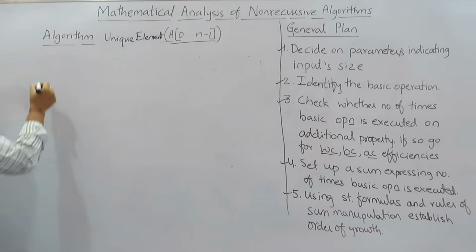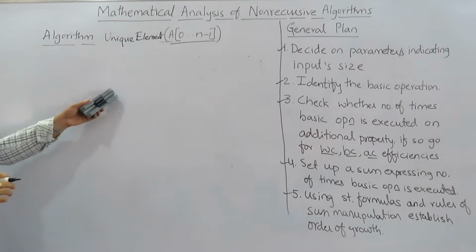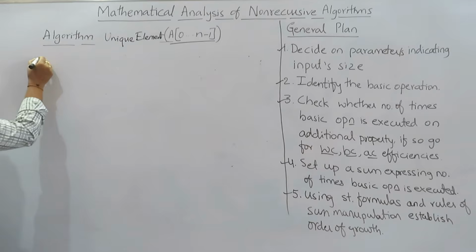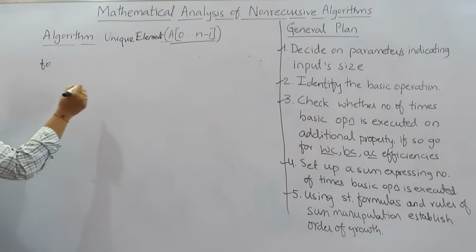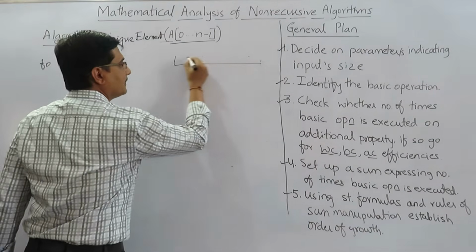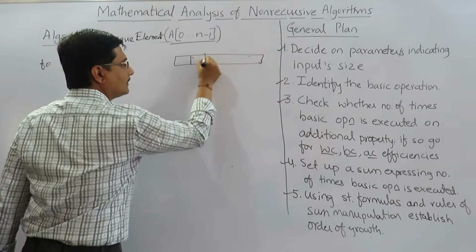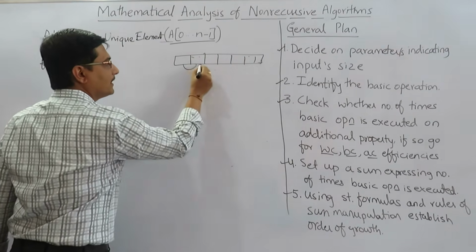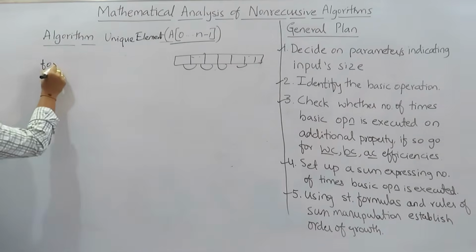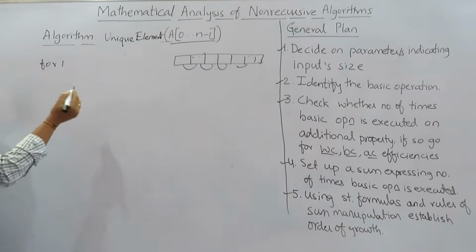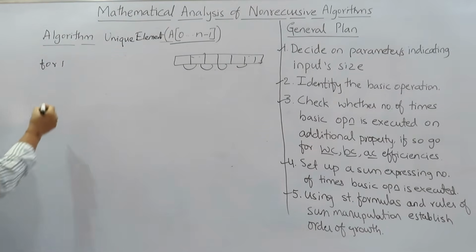Assume this. Say if this is an array, when we want to say all the elements are distinct, we need to compare each and every element. So we need to have two for loops, one from the first element, the second from the second element.